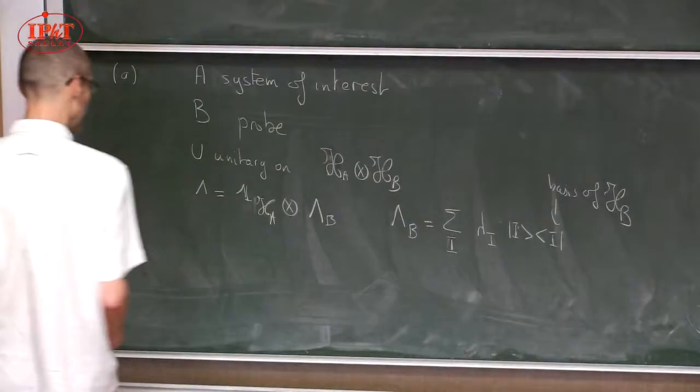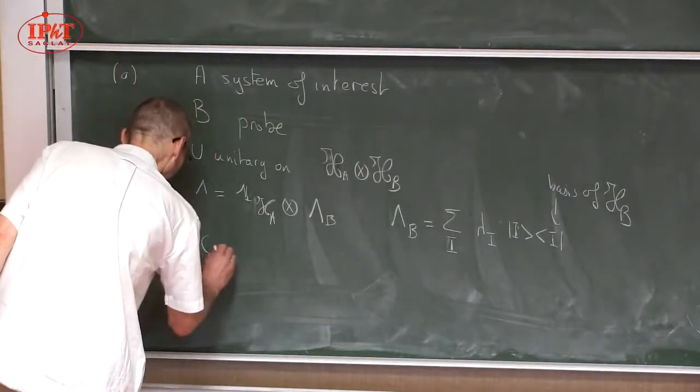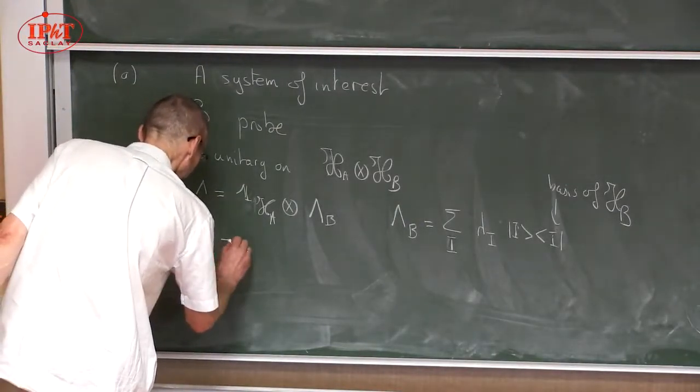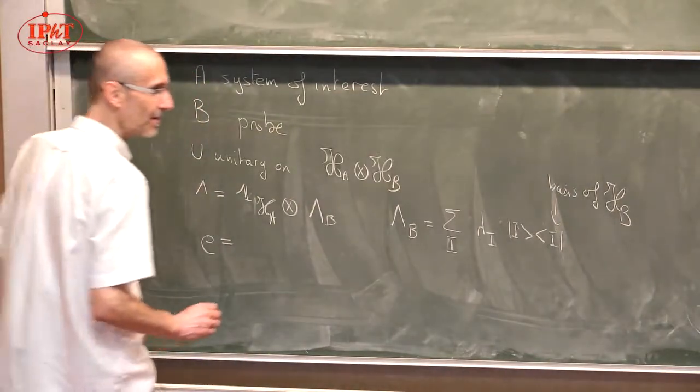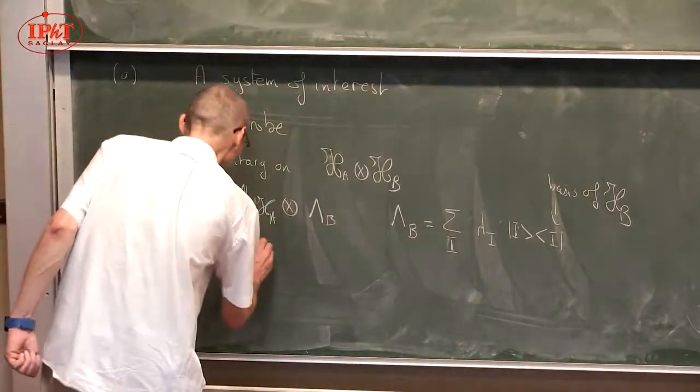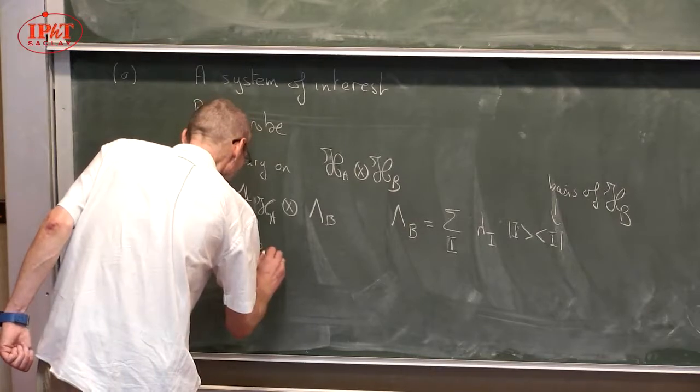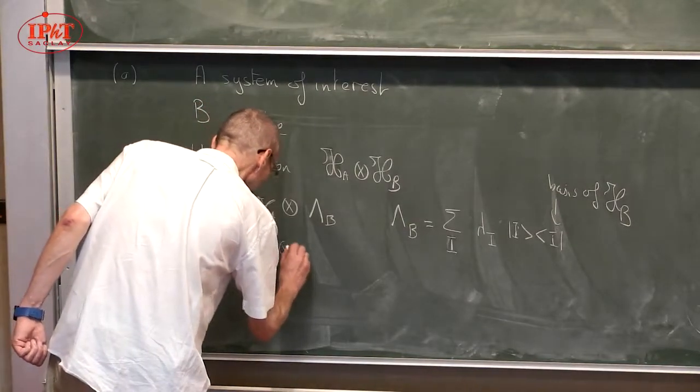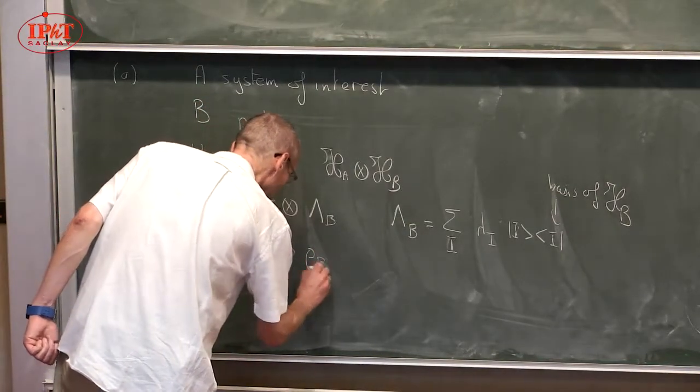What else did we have? We had a density matrix, rho, which was equal to rho_A times rho_B.